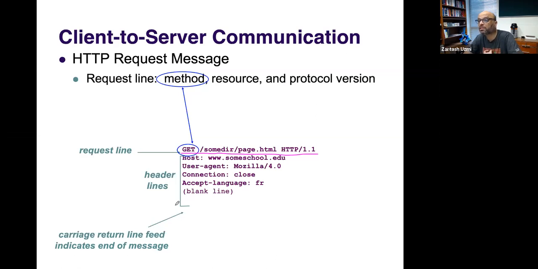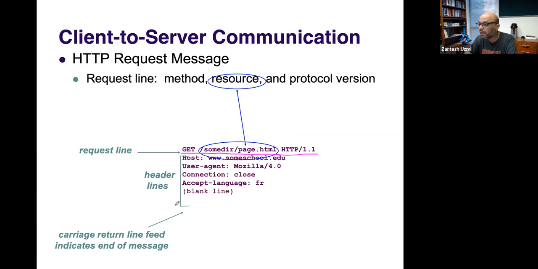If you want to send something, you post something to the server. For example, if you want to upload a file to the server, then you will use the POST method. If you just want to send a request that I want a web page, then you will use the GET request. Okay. Now, then there is a resource which contains the directory path as well as the HTML file that you are interested in, or the object that you are interested in.